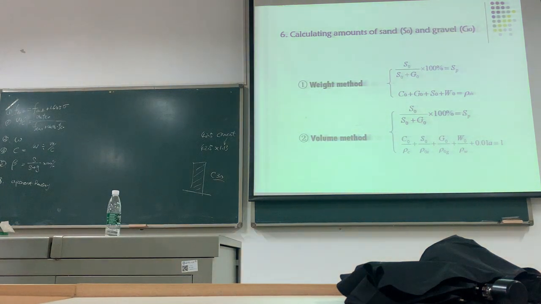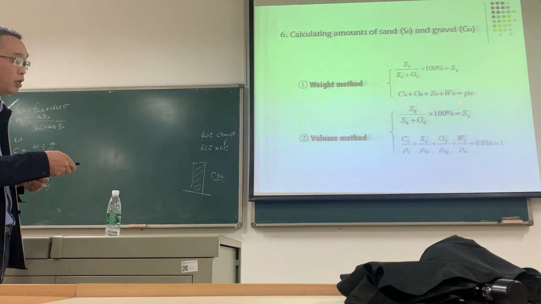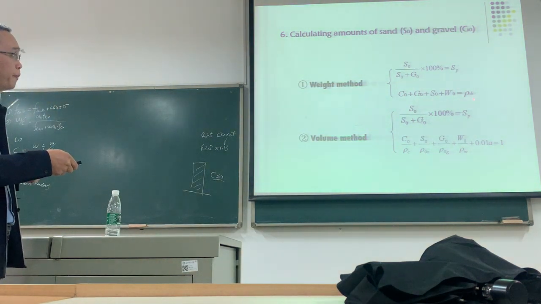If we don't measure the density of the concrete, we can assume it. We can just assume it as 2,400 kilograms per cubic meter.